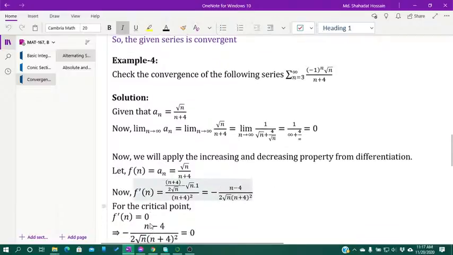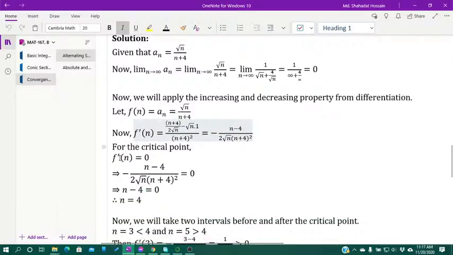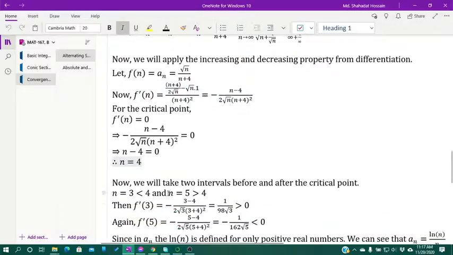Now for the critical point, if the first derivative is equal to 0, after simplifying n equals 4. Now we will take two intervals before and after the critical point. So you can consider 3, that is less than 4, and another number 5, that is greater than 4. I have considered 3 and 5, but you can consider any number.